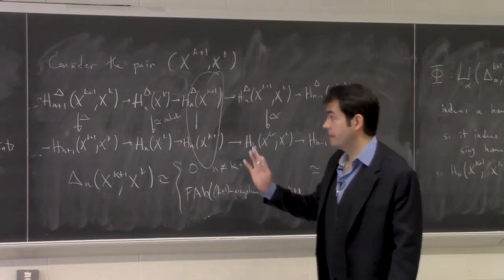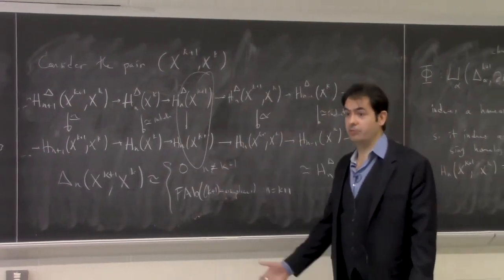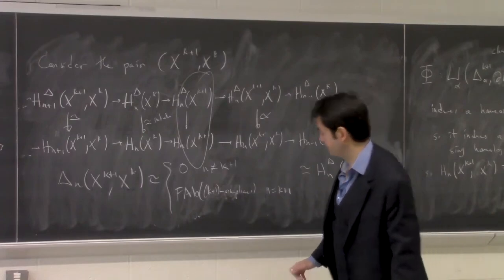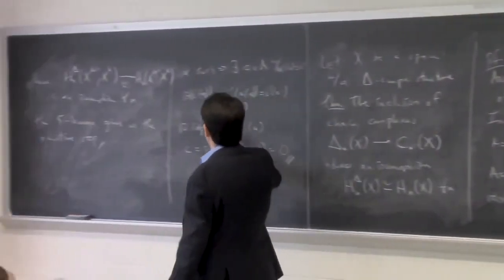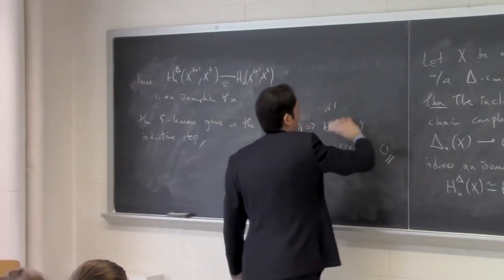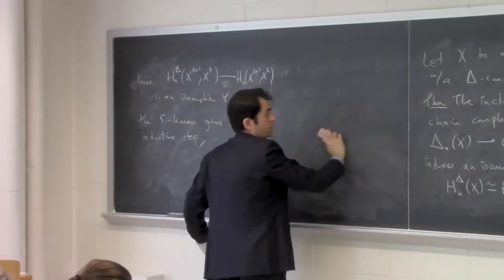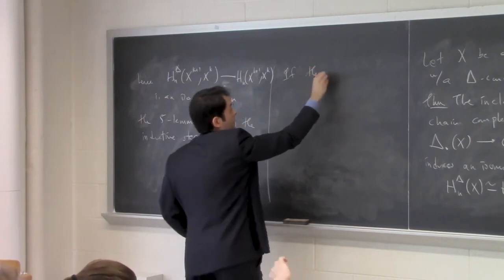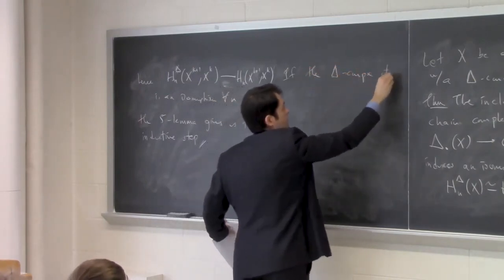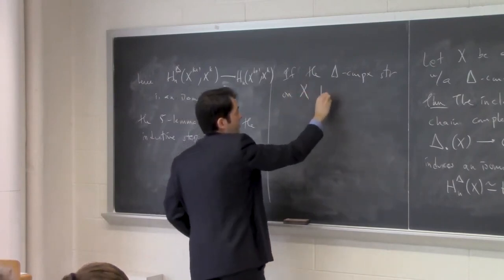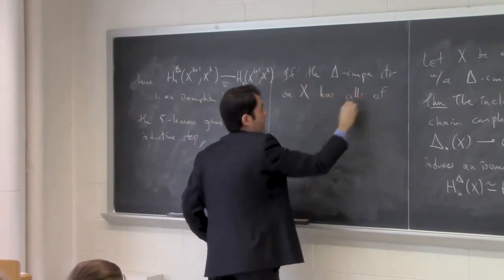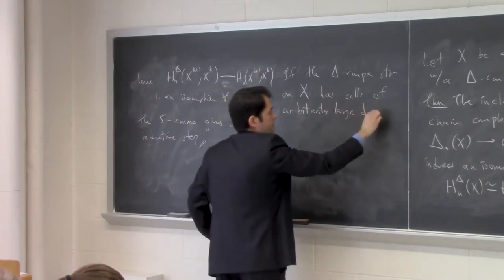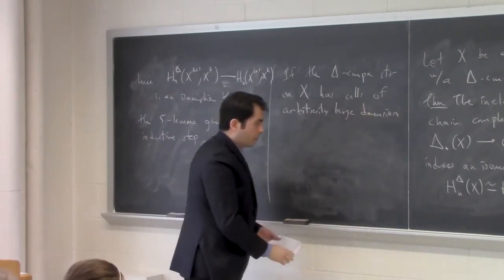Of course, that's only if X is finite dimensional. So we have to worry about what happens if you have a delta complex structure with cells of arbitrary large dimension.